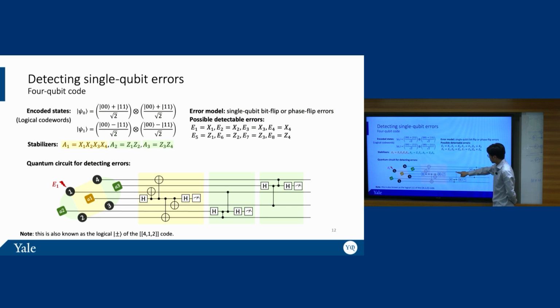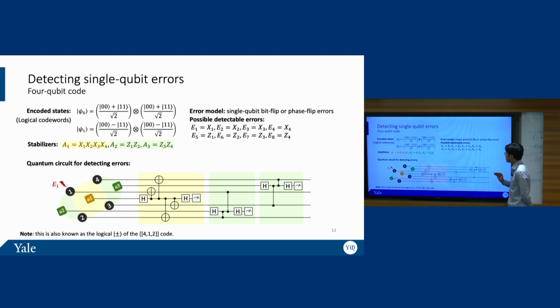But as soon as it reaches here, it's the control Z operation that will flip the measurement result of A2. So this measurement outcome is going to flag the X error on qubit 1.